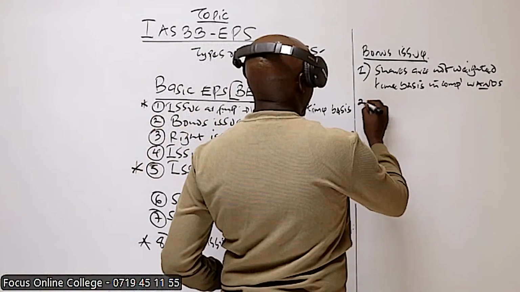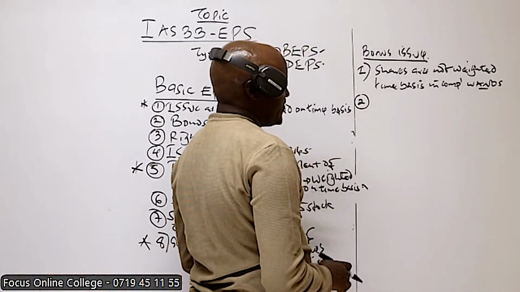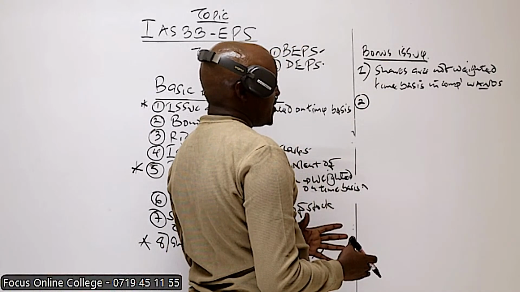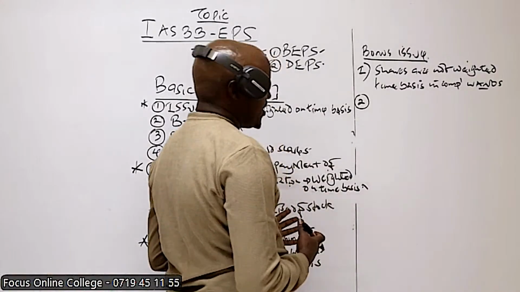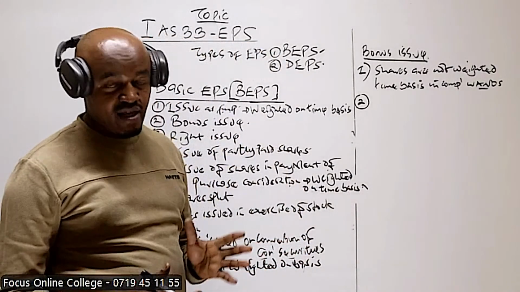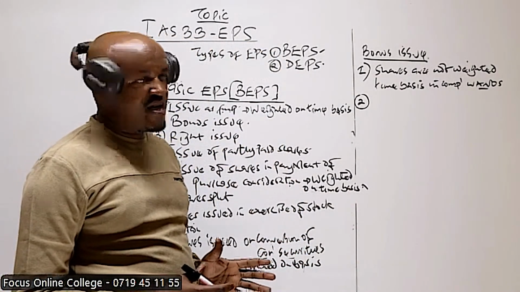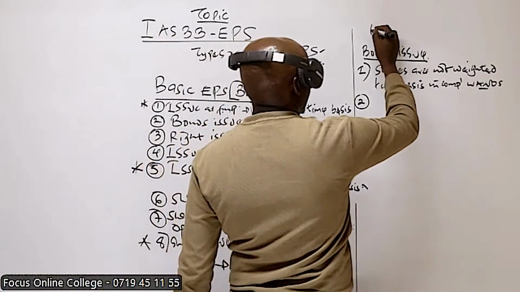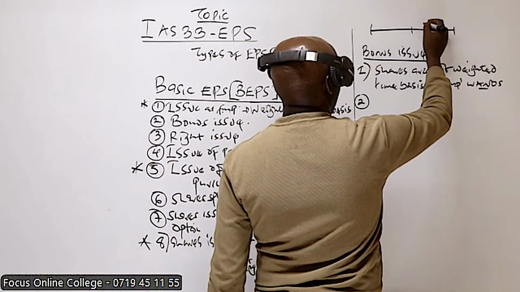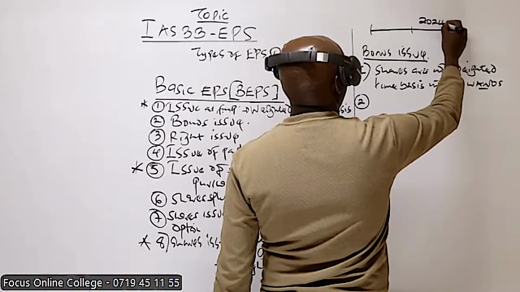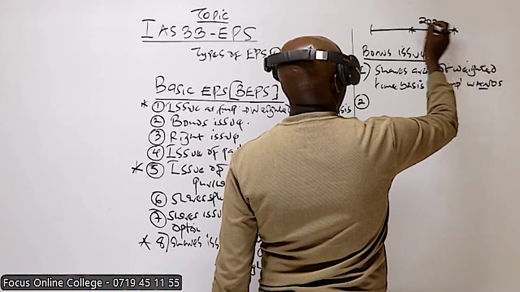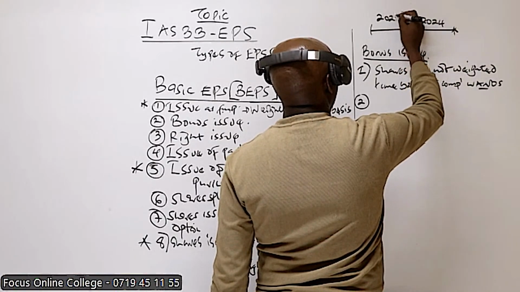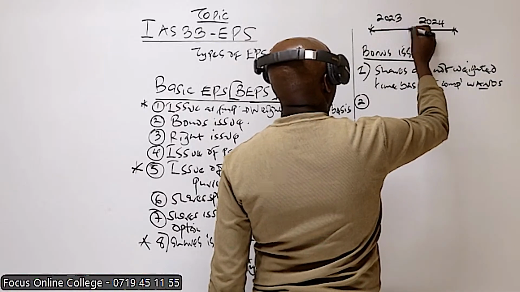Number two, in case you're given information about the previous financial year, for example, in this case, you are to compute the basic earnings per share for 2024, but also you are given information about 2023.